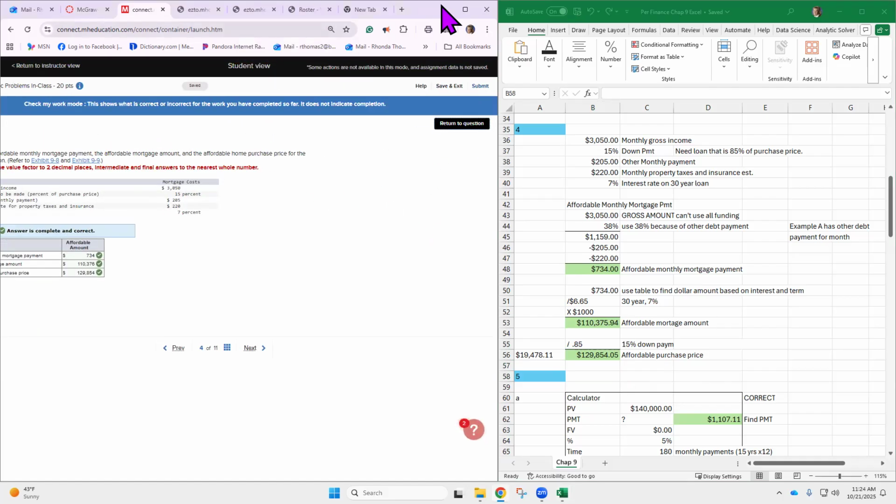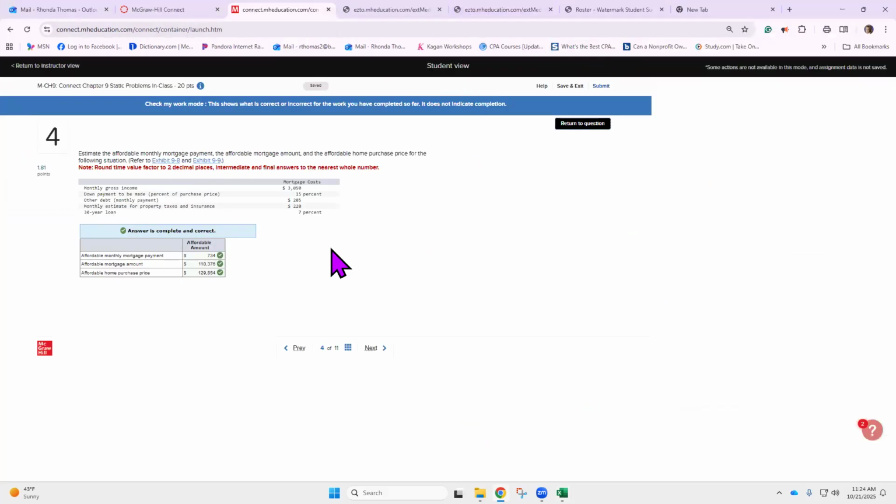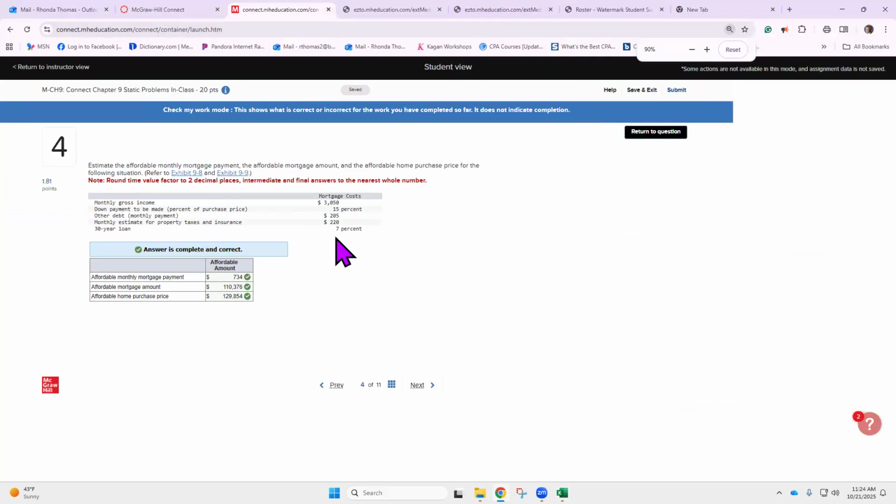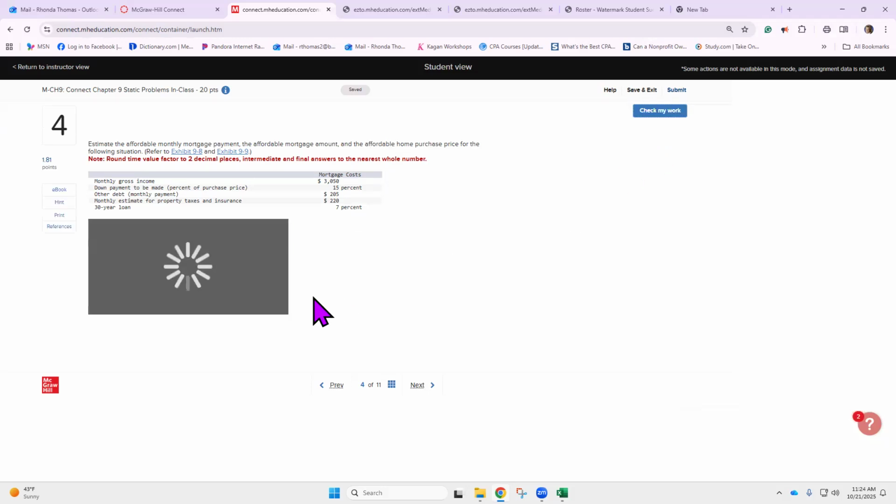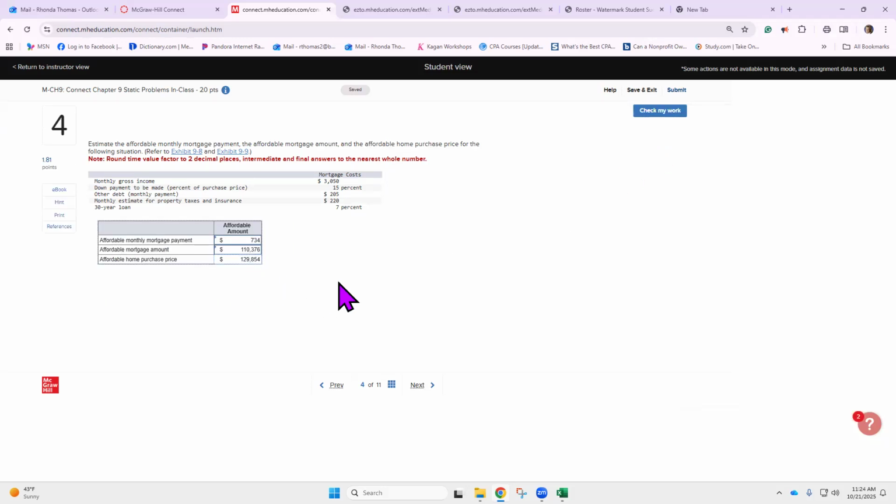We're going to work it backwards just so that you understand what we found. So once again, we can go look for a house that has a purchase price of, let's just say, $130,000. Then we'll take 85% of that because we're planning for a 15% down payment. So 85% of that price is about $110,376.